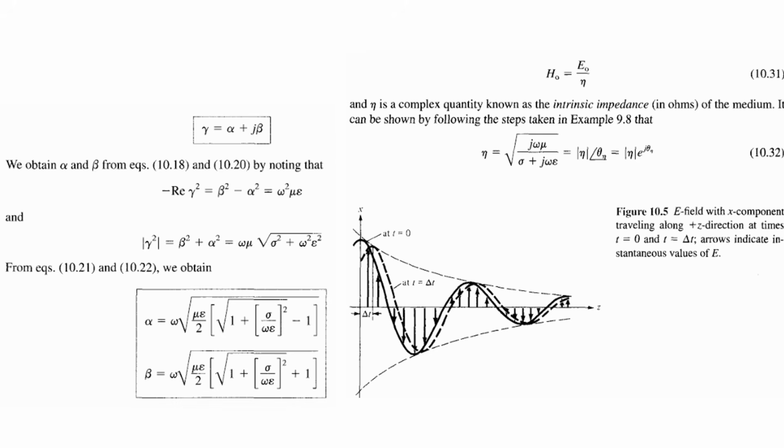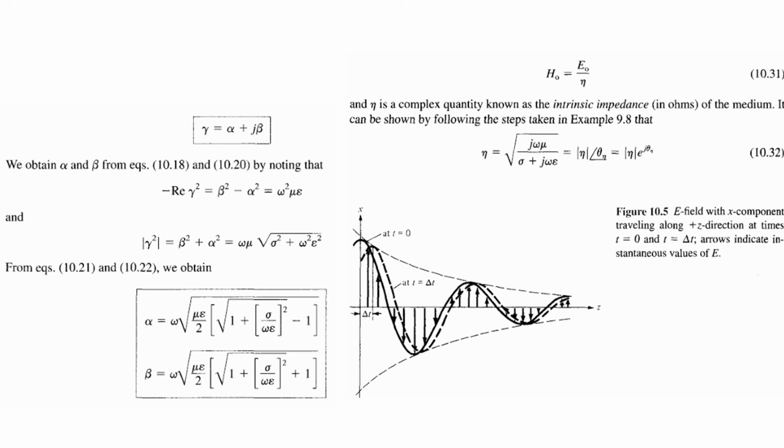If we solve, we can write the magnitude of gamma square, that is beta square plus alpha square, is equal to omega mu times the square root of sigma square plus omega square epsilon square. Since we have two equations and two unknowns, we can find the values of alpha and beta, and you can observe the final values here.